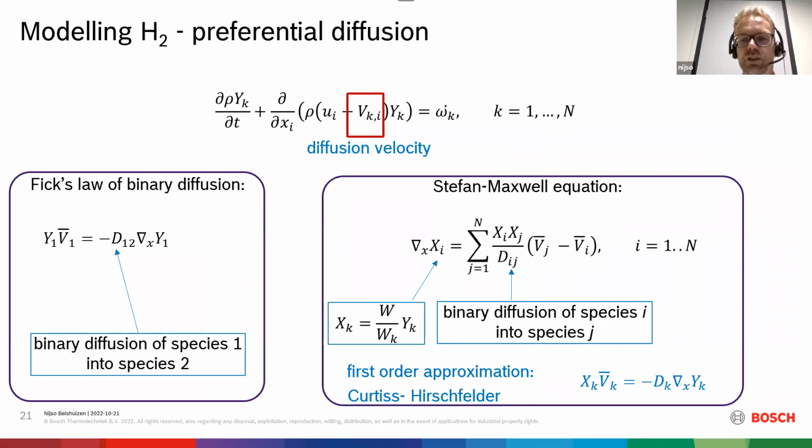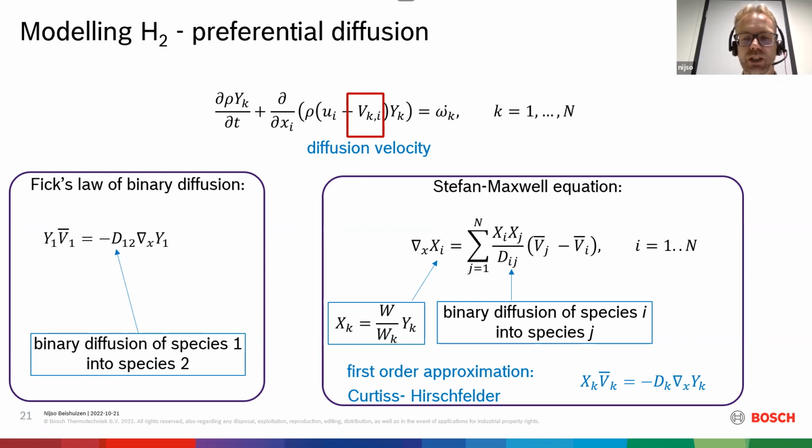So how is this preferential diffusion modeled? Well, Fick's law of diffusion is often used to describe the mixing and diffusion of two species, which holds in a binary mixture, and when the molecular weights of the species are the same. Fick's law also tells us that species diffuse into regions of lower concentrations and that the diffusion is faster when the gradient is larger. Now, with multiple species, however, one can derive from kinetic theory a coupled linear system of equations.